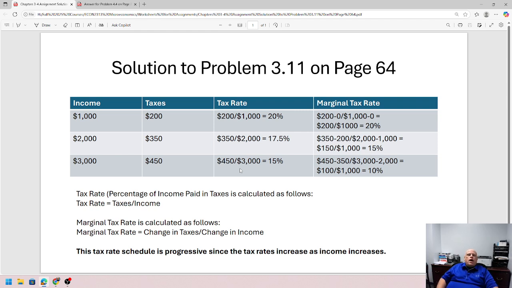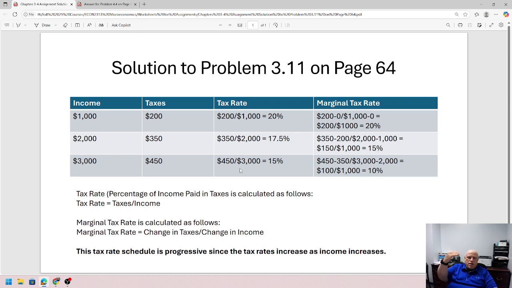Okay, now another thing it wanted you to do on this particular problem was calculate the marginal tax rate. Remember, marginal values are basically the change in values as we move from one income to another. So on the very first one, the marginal tax rate is going to be the same as the average tax rate, because we're moving from basically 0 to 1,000.